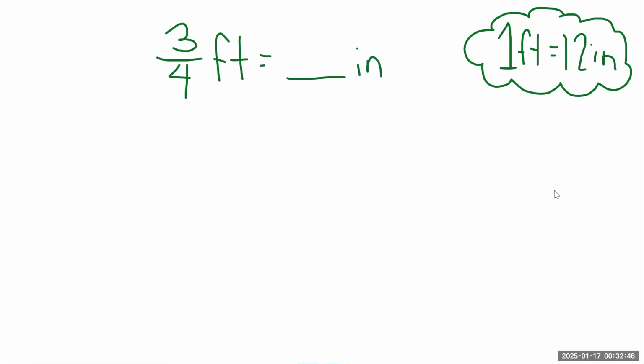Let's find out. Notice inches are smaller than feet. So if I have fractions of a foot, fractions are small pieces, I can find inches. So again, what are we going to do? We're going to take the number to one side and the unit 1 foot to the other side. Okay.